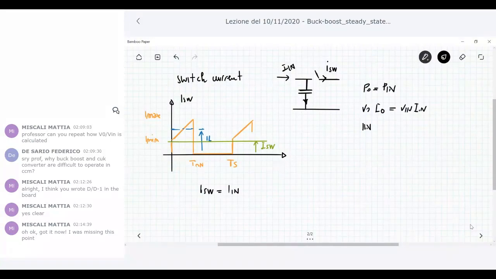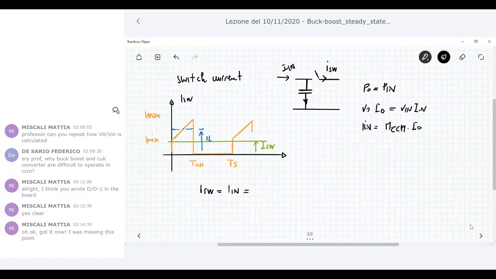In that case, the input current is simply the conversion ratio multiplied by the output current.